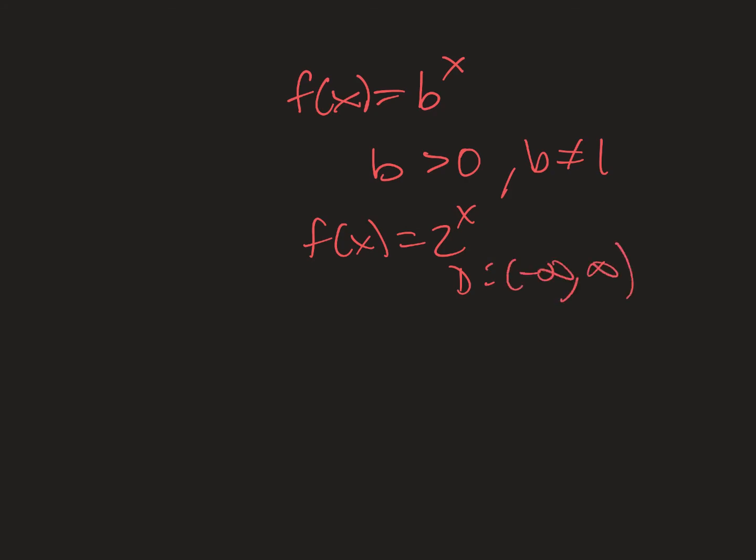However, for the range, for huge values of x, it's going to go towards infinity. But for negative values of x, think of 2 to the -10,000. That's the same as 1 over 2 to the 10,000. So the bigger the negative, the more it's getting closer and closer to 0. And there happens to be a horizontal asymptote at y equals 0.